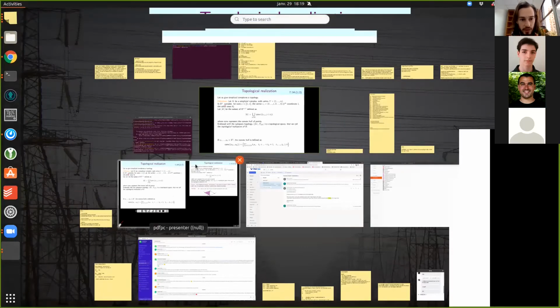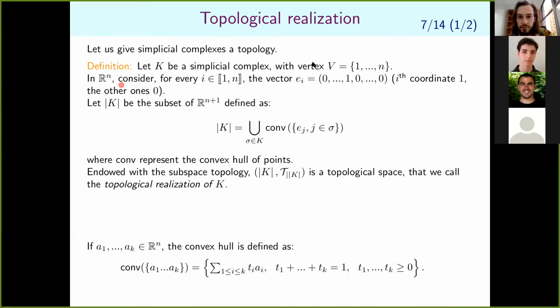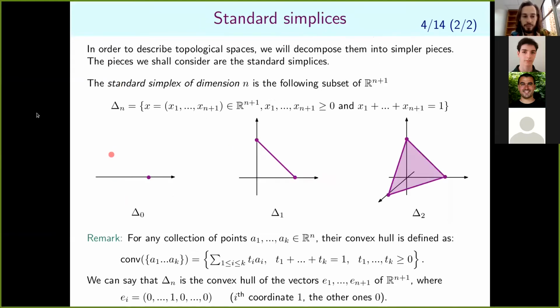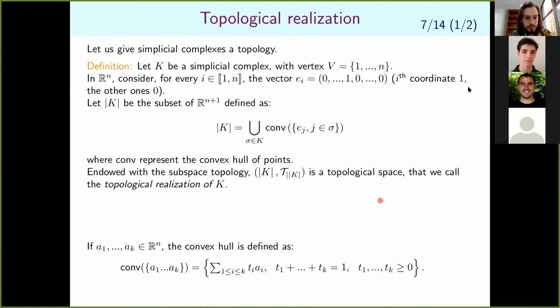This is exactly this drawing here. But we are in large dimension. And this set, K between 2 bars, is a subset of Rn, not Rn plus 1.